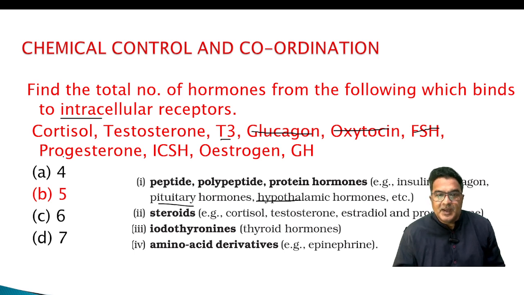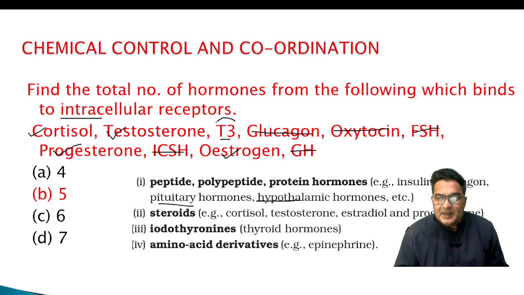And progesterone, yes. Cortisol, yes. Testosterone, yes. Interstitial cell stimulating hormone is anterior pituitary, so that is a pituitary protein hormone. Then estrogen, yes. Growth hormone, I can cut here, because growth hormone is an anterior pituitary hormone.